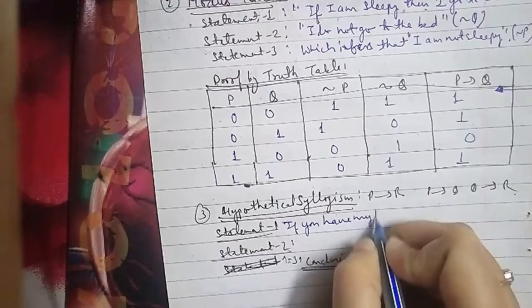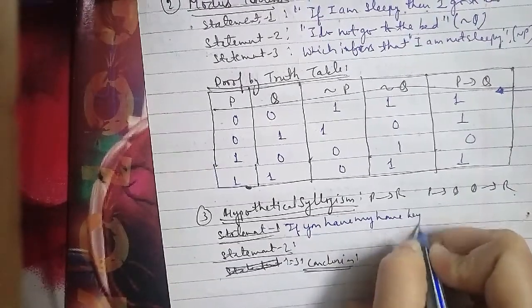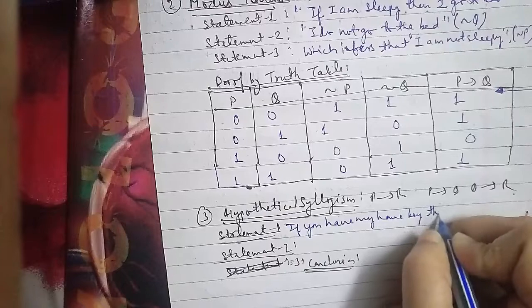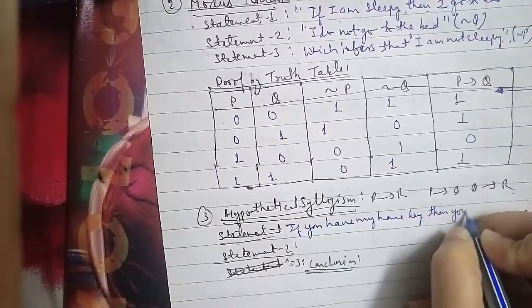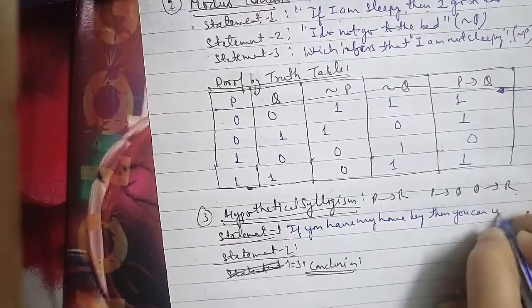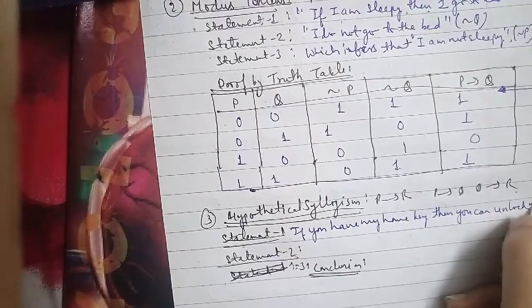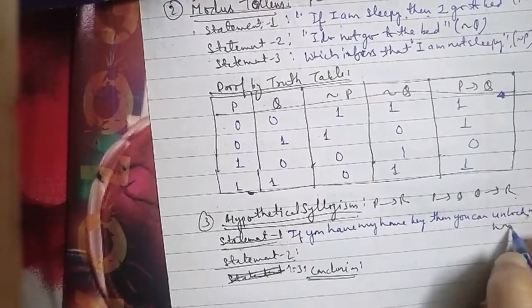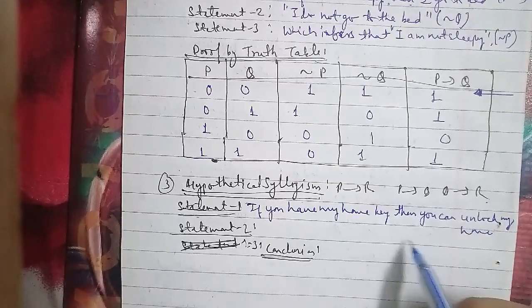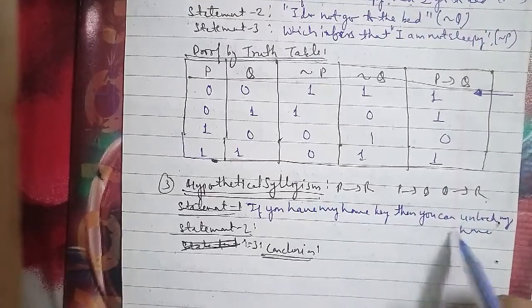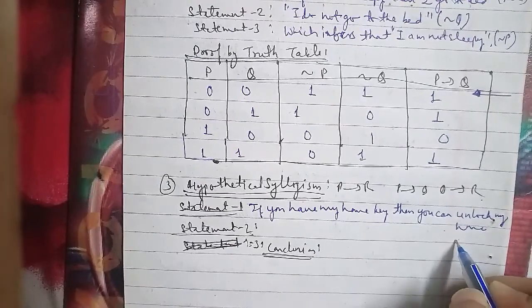This tells P tends to Q. The second statement we have: if you can unlock my home, then you can take my money.